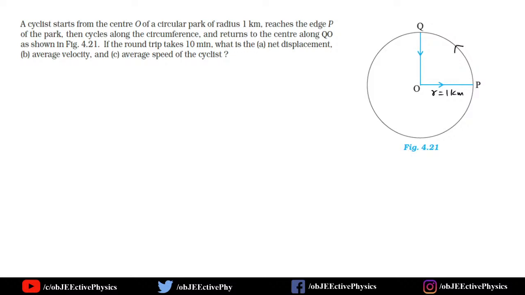The cyclist starts at O, travels to P, then P to Q along the circumference, then Q to O. So that is the first answer, A.